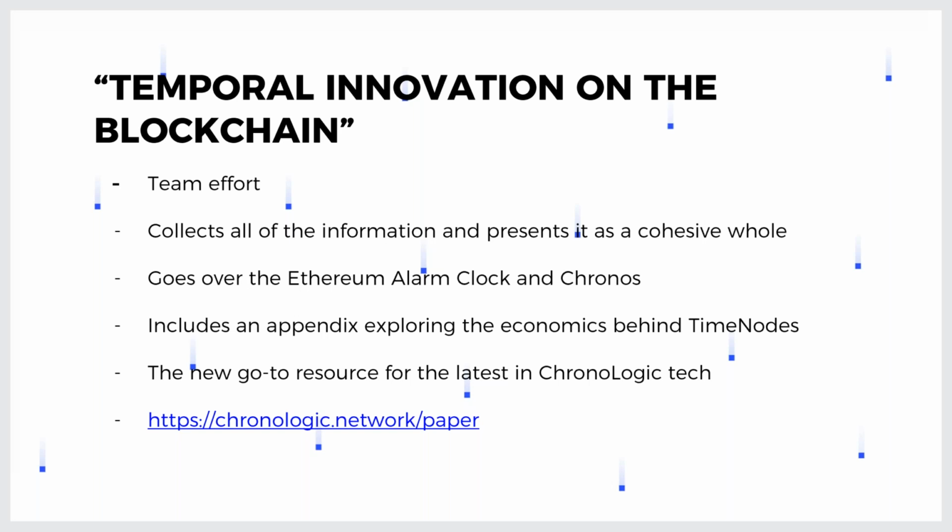Before, you would have to look at a bunch of different blog posts to get the idea of how the claiming mechanism in Chronos worked, for example, or how the Ethereum Alarm Clock TimeNode economic strategy worked. So what we did was compile all that information into something that makes logical sense from beginning to end, and makes it easy to find all this information in specific sections.